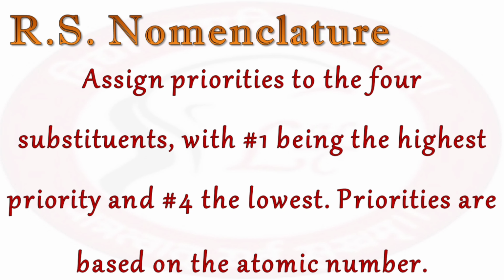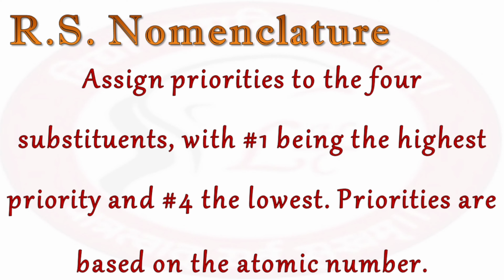I will be giving you the priority series at the last. The group with the highest atomic number is given the highest priority, means first number, and group with the lowest atomic number is given lowest priority, that is fourth number, because there are total of 4 substituents.